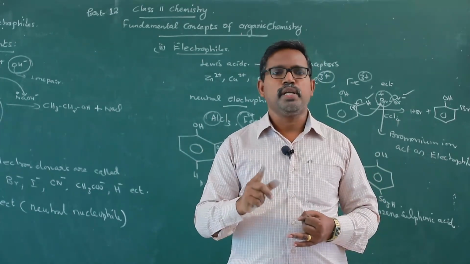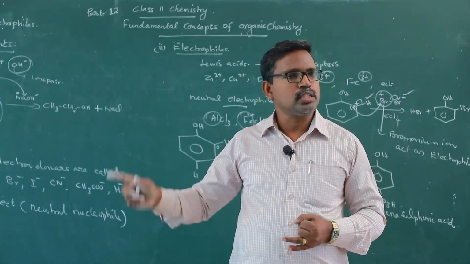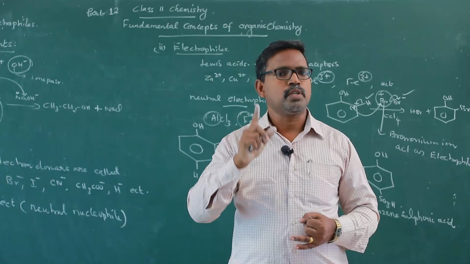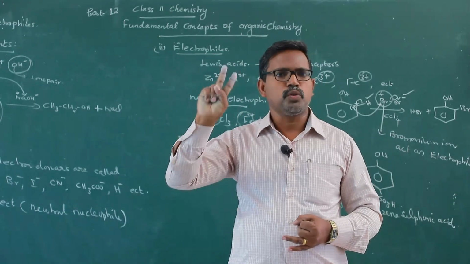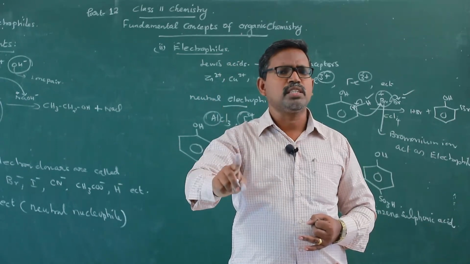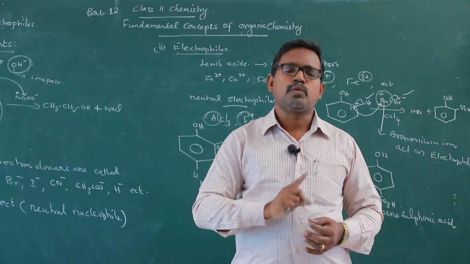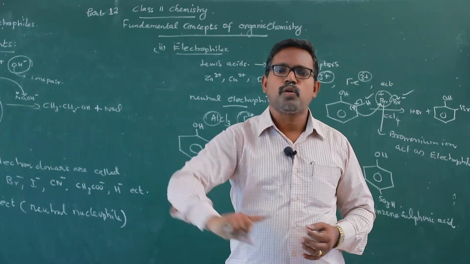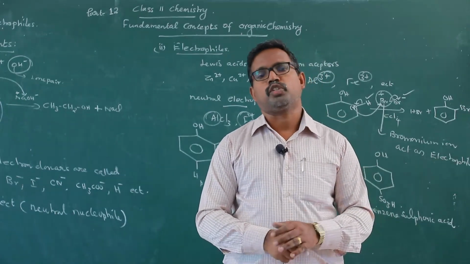Electrophiles are Lewis acids. Nucleophiles consist of two categories, charged nucleophiles and neutral nucleophiles. Electrophiles also have two categories, charged electrophiles and neutral electrophiles. Nucleophiles donate the electron, while electrophiles gain electrons.